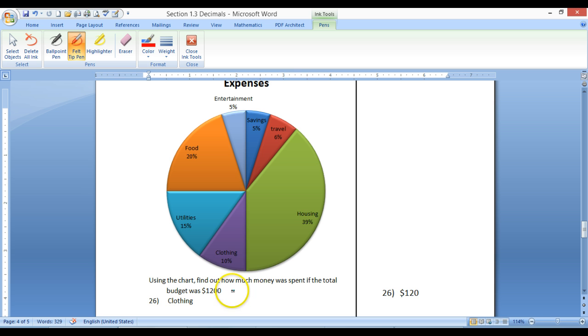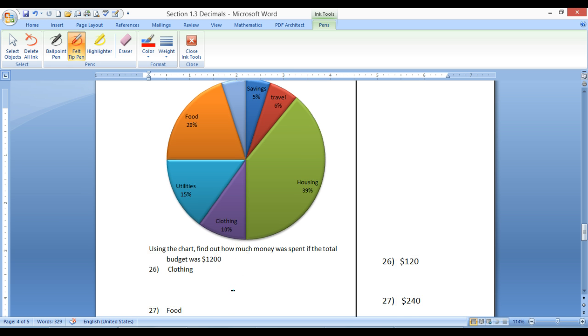So 10% of means multiply. 10% of the budget. Well, the budget, we were told, is $1,200. So I need 10% times 1,200.